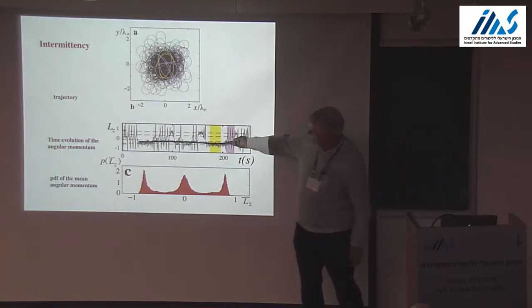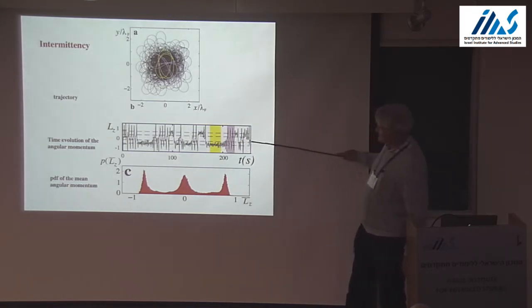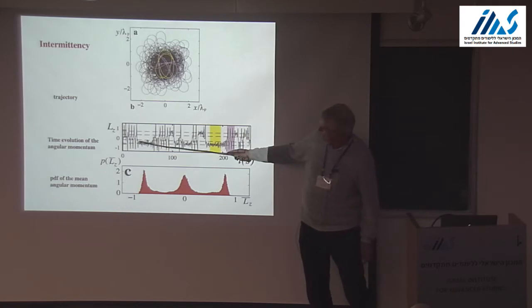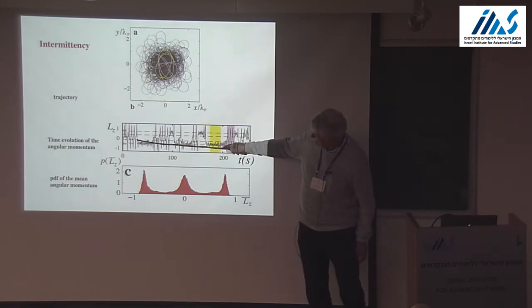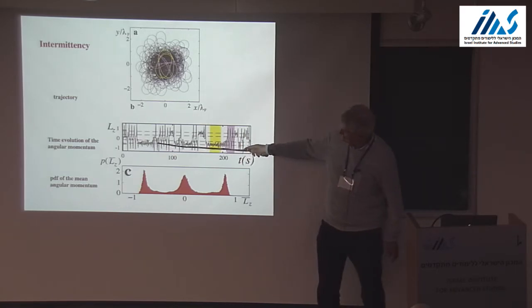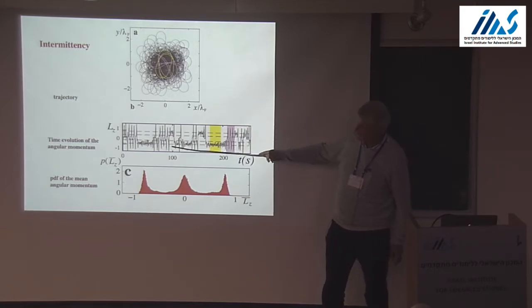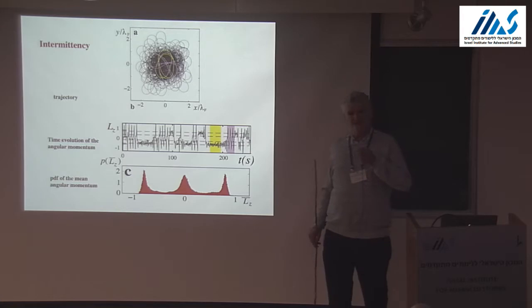And in fact, if you do a time recording, for instance, of the angular momentum, you find that it oscillates there, meaning that you're on a lemniscate, and then it's stable because you're on a circular orbit, then it oscillates again. So you have an intermittency.